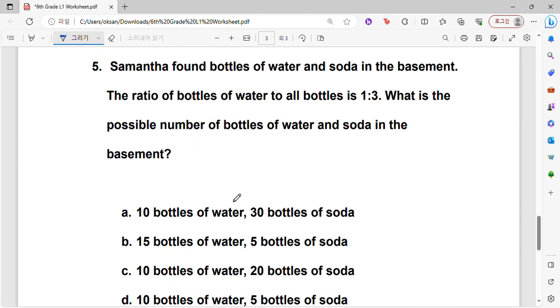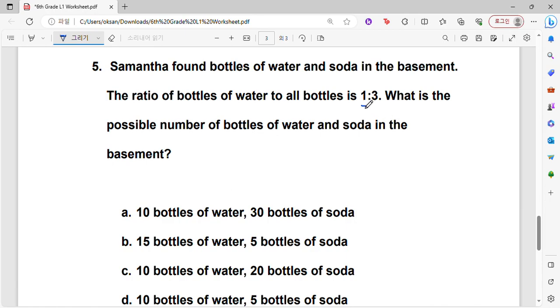Okay. Number 5, Samantha found bottles of water and soda in the basement. The ratio of bottles of water to all bottles is 1 to 3. What is the possible number of bottles of water and soda in the basement? So this is the ratio of bottles of water to all bottles.